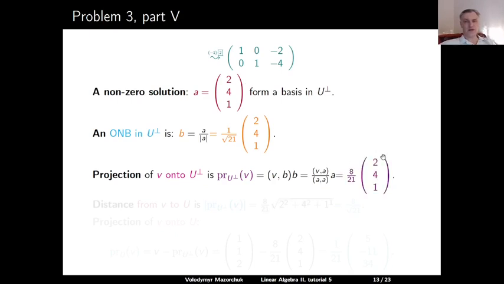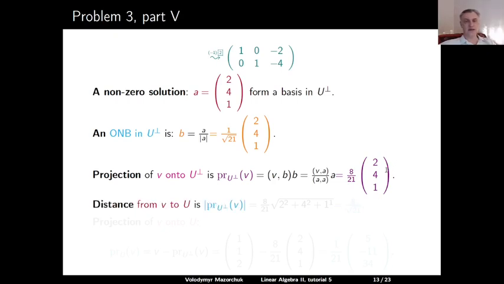So we have the vector a, which is 2, 4, 1. And we know that the scalar product of a with itself is 21, so it's in the denominator. And the scalar product between v and a is 1 times 2 plus 1 times 4 plus 2 times 1, which is 8. So this is the projection of v onto the orthogonal complement of u.